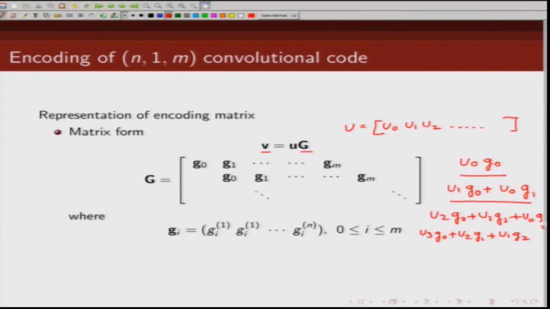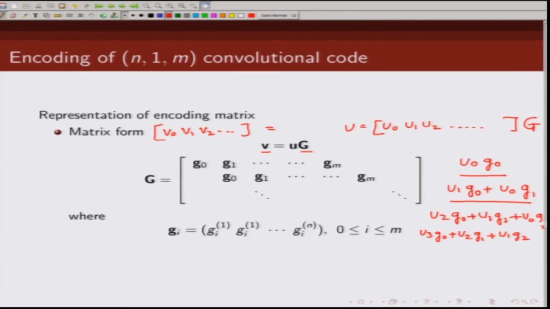Now, if we write the same thing in matrix form, what is V? V is basically V at time 0, time 1, time 2, and if we write this in this particular form, it is equal to U times this matrix G. Now, compare this equation with this equation.